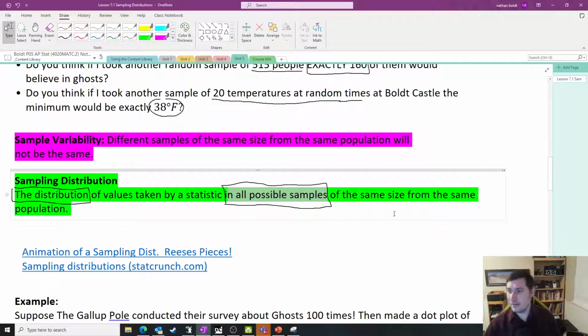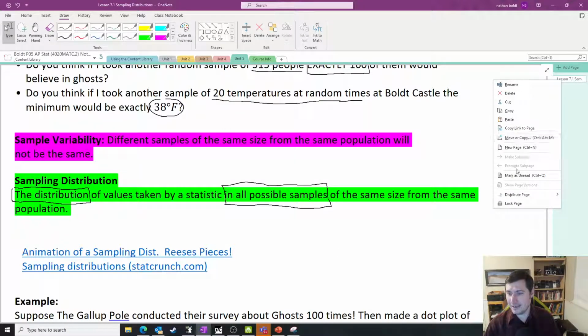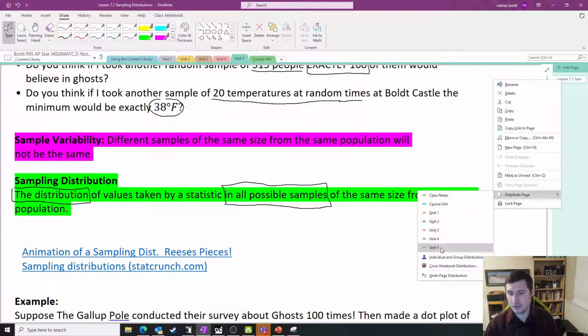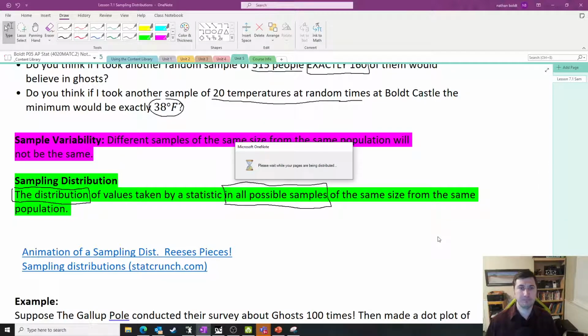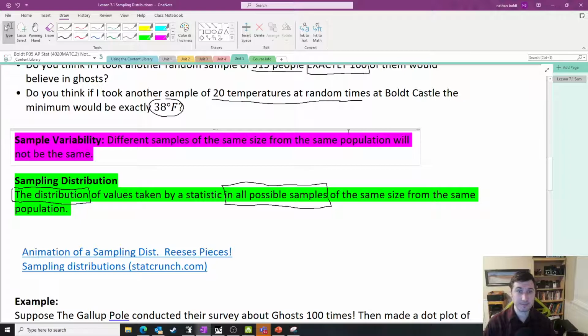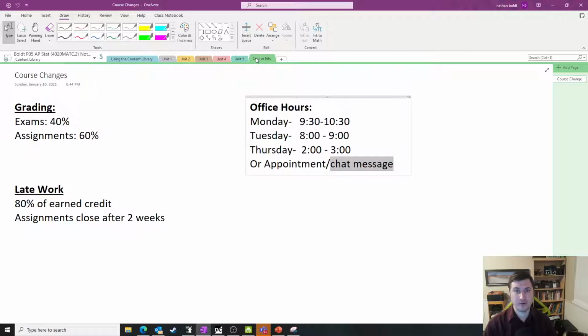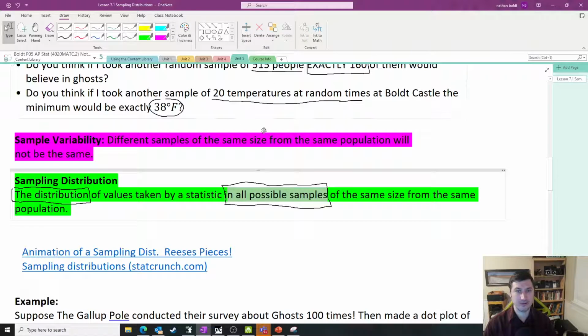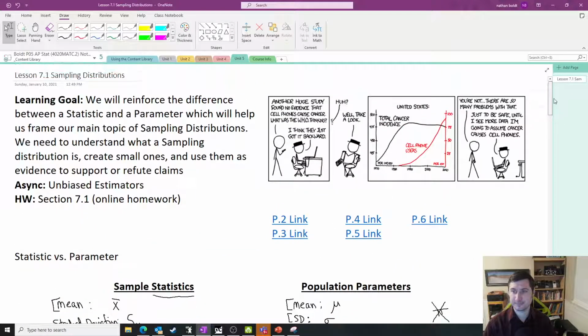All right, let me push this out to you so I don't forget. Distribute, Unit 5. So if you head over to your OneNote, you should now have a Unit 5. You should now have Lesson 7.1 in there. The course stuff that I went over is also there as well. But for homework, you've got your video.